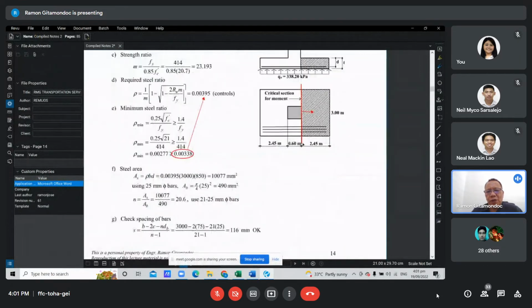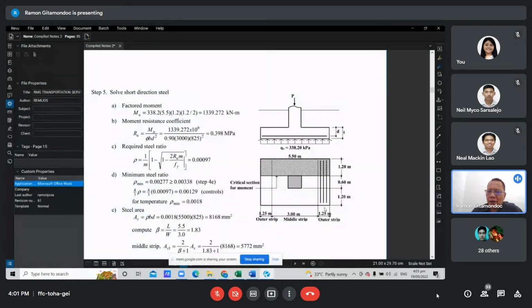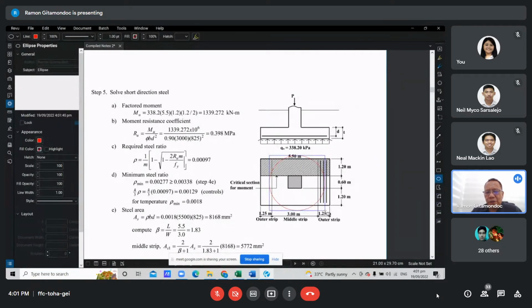Now, the long direction steel is equally distributed across this width, but the short direction steel needs a modification regarding its distribution. It is not equally distributed across this width. The reason is that, if you imagine the bending of the footing, the stress is greater in the region near the column, while the regions away from the column have a lesser effect.